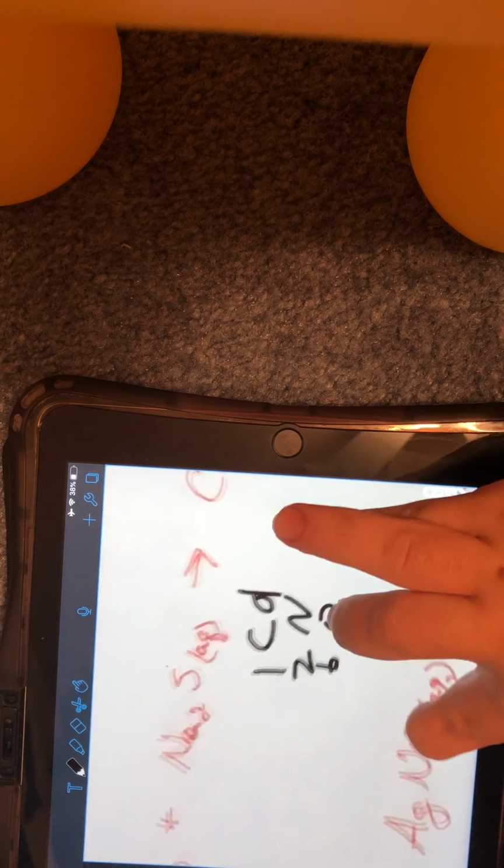So on the reactant side, we have one Cd, two N's, six O's, because we have the two outside the parentheses, so it multiplies, plus two Na's and one S. Then on the product side we have one Cd, one S, one Na, and then NO3, so one N and three O's.